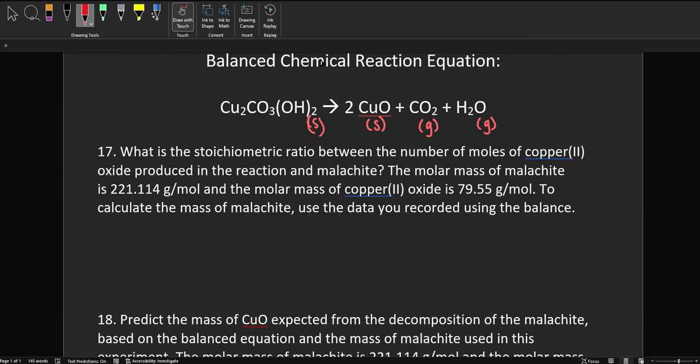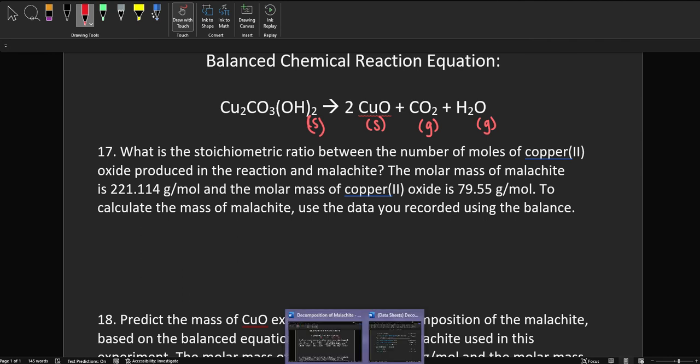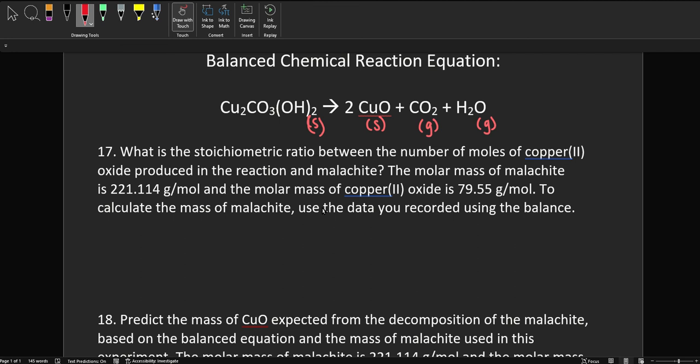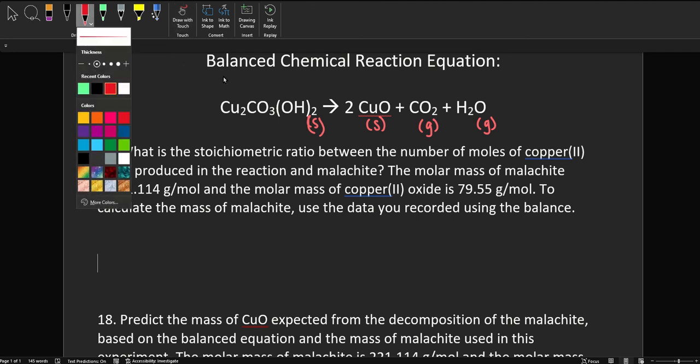So here I have the balanced chemical equation for malachite decomposing. So let's label this just so we have an idea of what's going on.